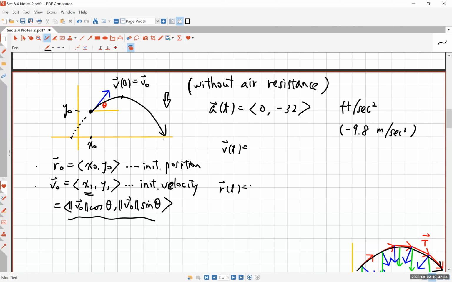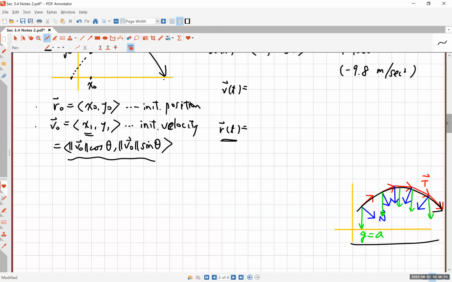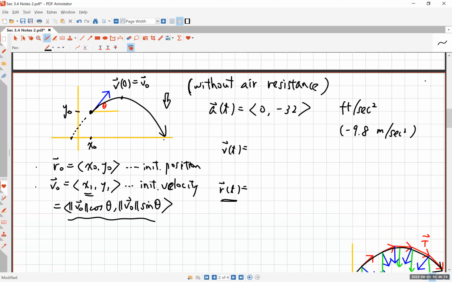When you think you get the answer for the position function, using things like x naught, y naught, and x1 and y1, then you can come back and look at part 2 of this video. I'll try to describe what this picture here means in part 2 as well. So go ahead and work on that, and when you think you got the answer, go to part 2 of this section.